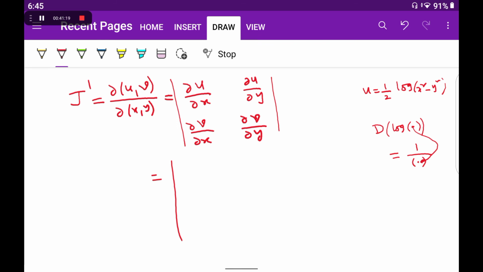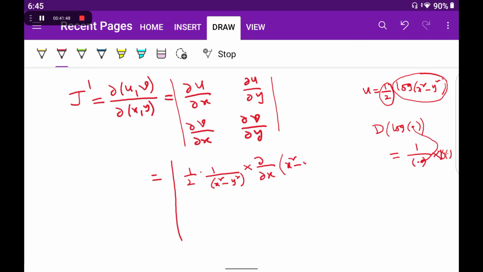So 1 by 2 is constant, you write as it is. Log something derivative is 1 by something into derivative of this something, which is dou by dou x of x square minus y square.